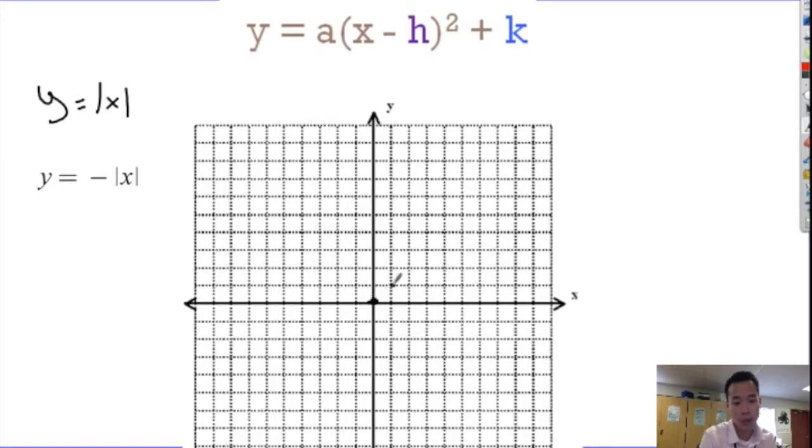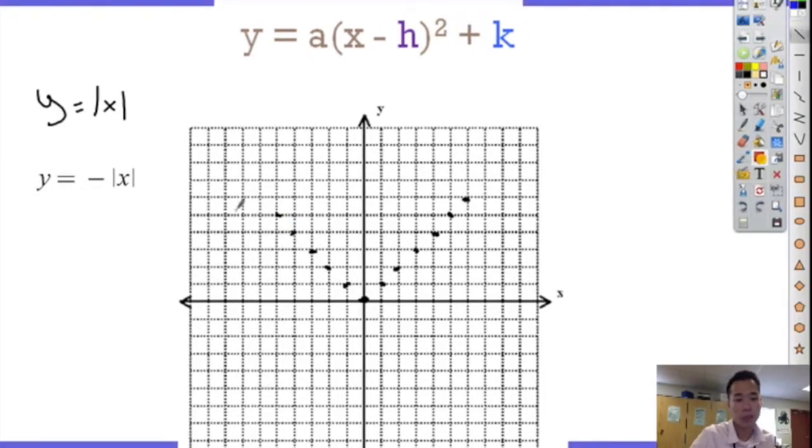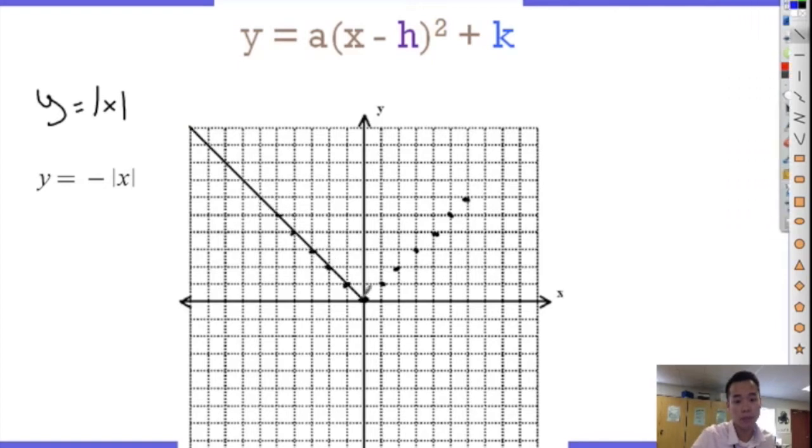And then it goes up 1 over 1, up 1 over 1, because this is an absolute value function, so every time you input an x value, you get its positive, or your magnitude away from 0. Right away we know that this parent function looks like a V. And that's the parent function.